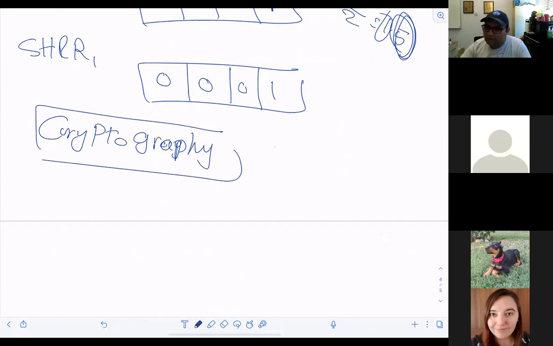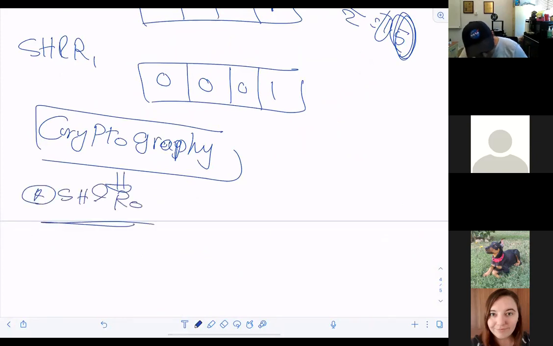So my PhD was in cryptography. Cryptography is basically the mathematic algorithm used for encrypting data. And there is something in encryption using the shifting and rotation for increasing the security margin.